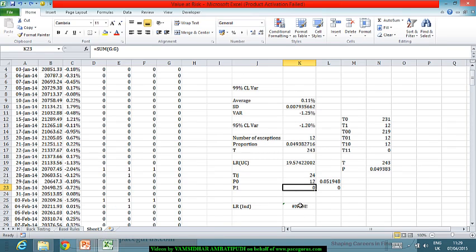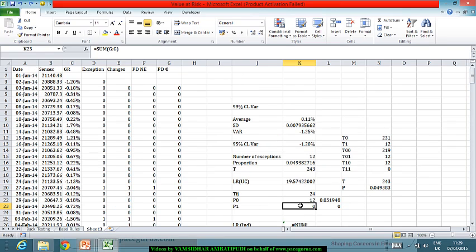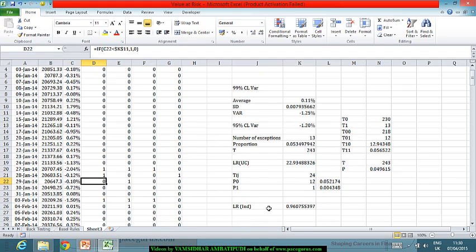But if I put in two consecutive exceptions, just for the sake of understanding, all the calculations get updated. It is giving me my likelihood ratio test. The LR value is around 0.96.